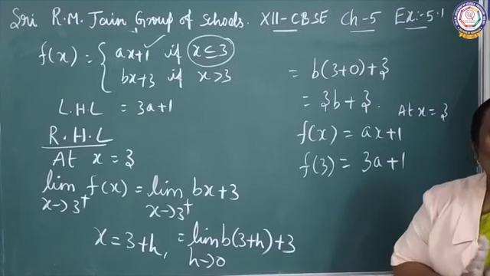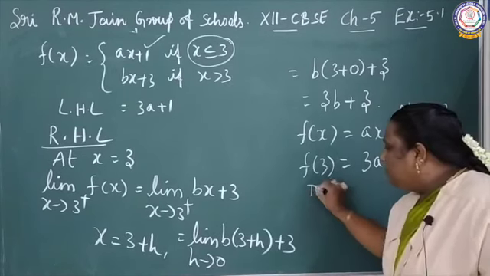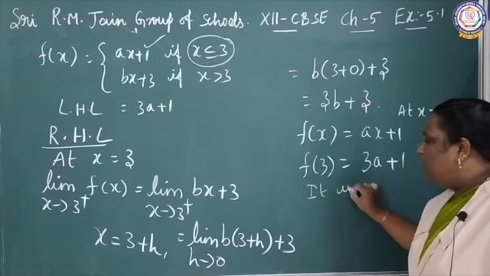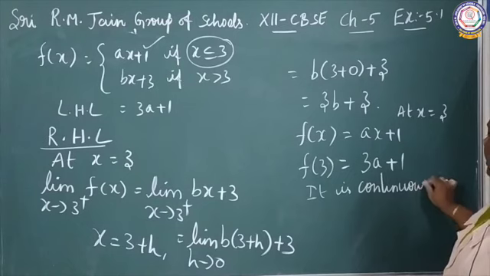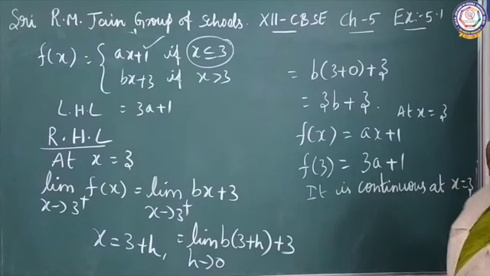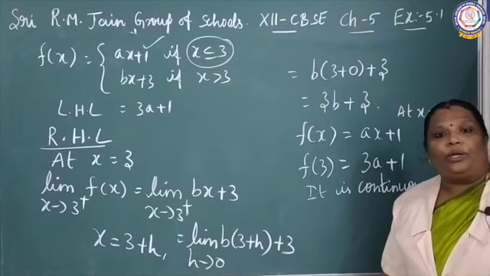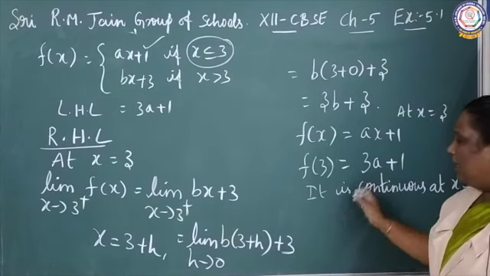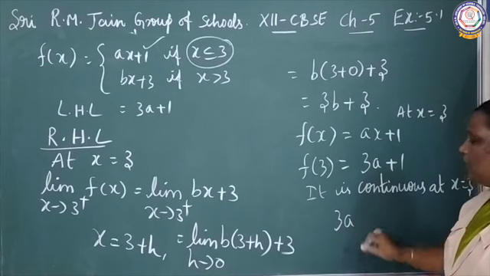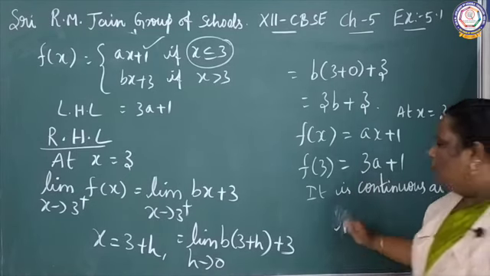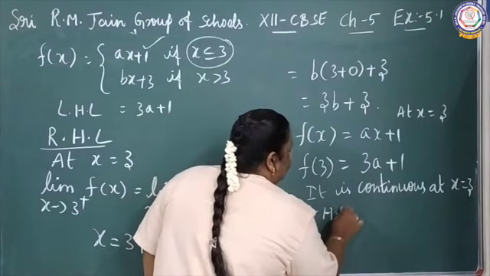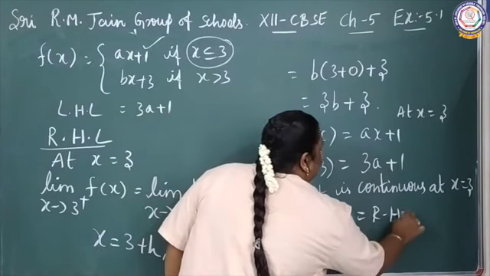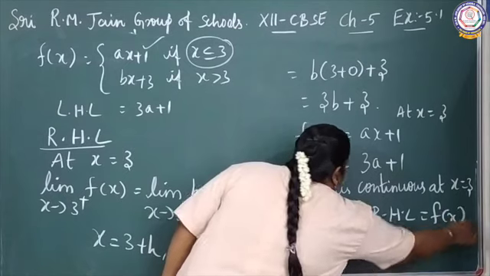It is given in the question that it is continuous at x equal to 3. So left hand limit equal to right hand limit equal to f of x.